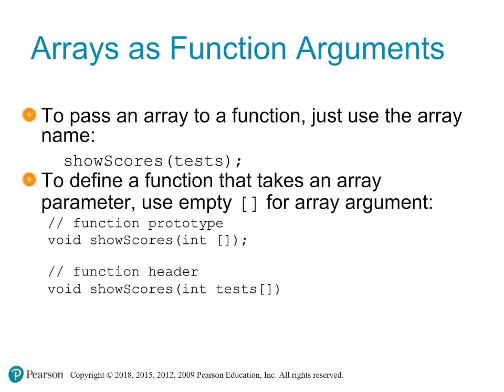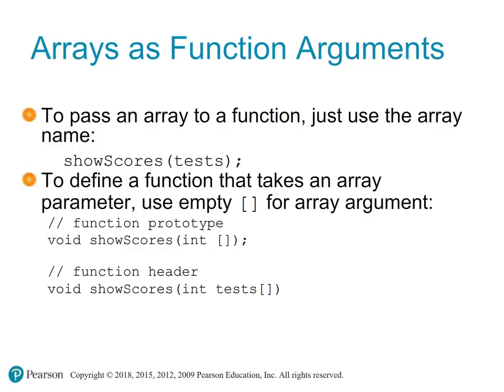To pass an array to a function, you only need to specify the array's name without the square brackets and the size. For example, showScores. Then inside parentheses, we just pass the name of the array, which is tests. When defining a function that takes an array as an argument, you use square brackets but leave them empty in both the function prototype and header.